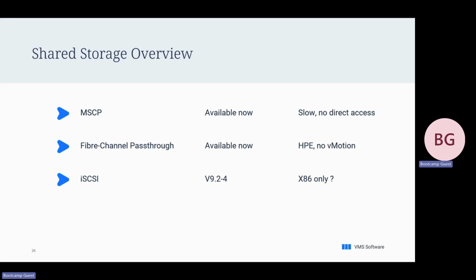And then with iSCSI, which we plan to have in version 9.2.4, which we've planned for mid next year, then those limitations go away. But certainly for the first time, it's going to be x86 only. Later, maybe we'll add the other platforms.